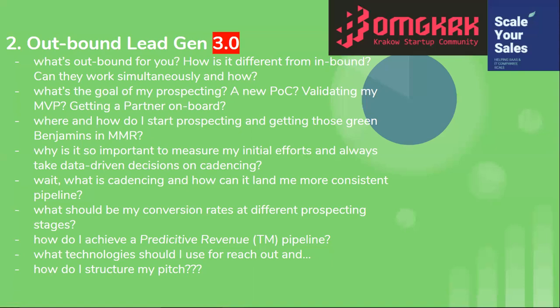Now, of course, you won't be closing all of them, and it's good to track the conversion rate on those opportunities, but at least you will have a healthy pipeline to work with, and you need traction at the moment. You need POCs, you need to enter new markets, you need to validate your MVP with a nice player, with a nice customer. So yes, inbound and outbound can work simultaneously, but there is a different time span for them to work properly and deliver the results.